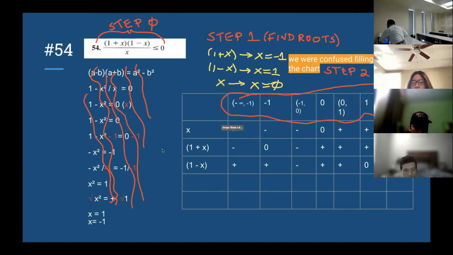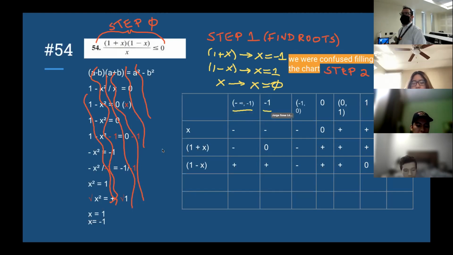Okay, that's step 2. What are going to be these intervals? We're going to establish them based on the roots. So we're going to go from minus infinity to minus 1, minus 1 to 0, 0 to 1, and 1 to infinity.